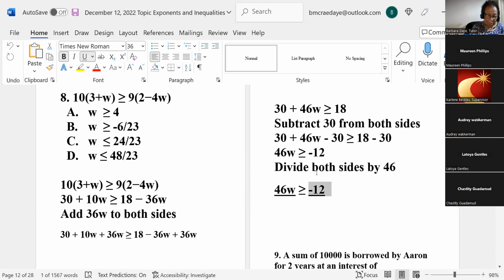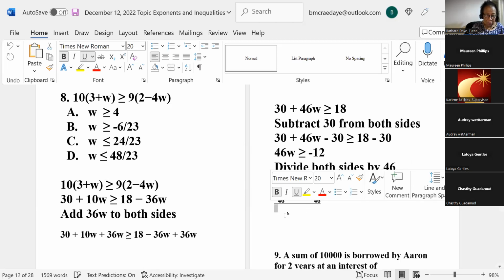So let's put our divisor, 46, and our divisor here, 46.